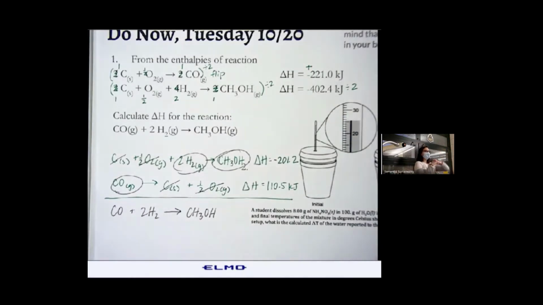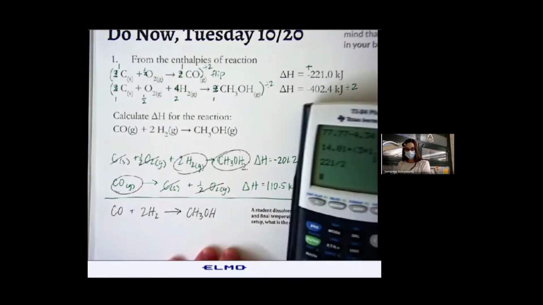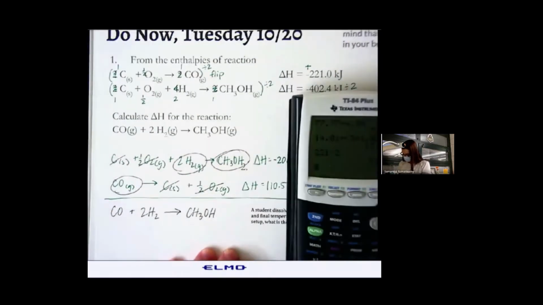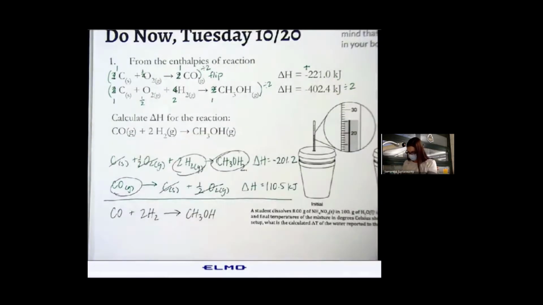And so I added those two reactions together so I can add together their delta H values. If I do negative 201.2 plus 110.5, that's negative 90.7 kilojoules.